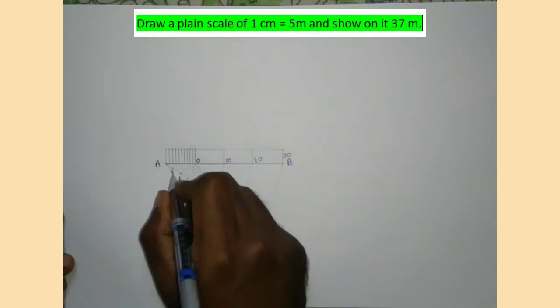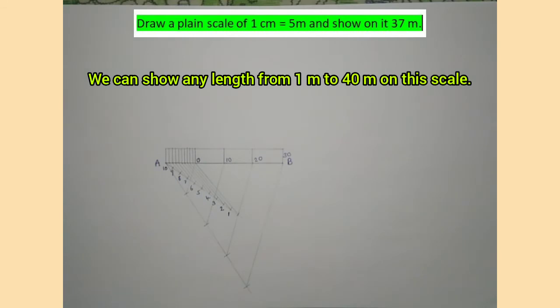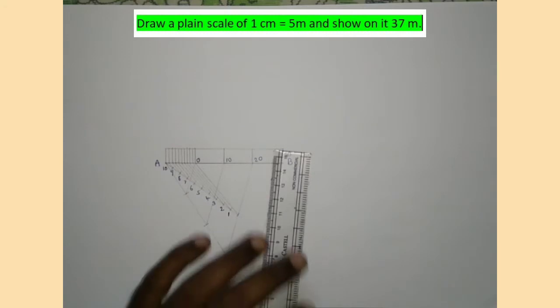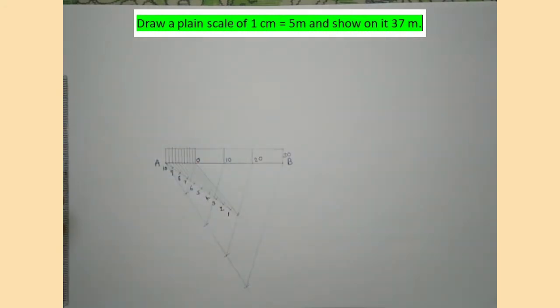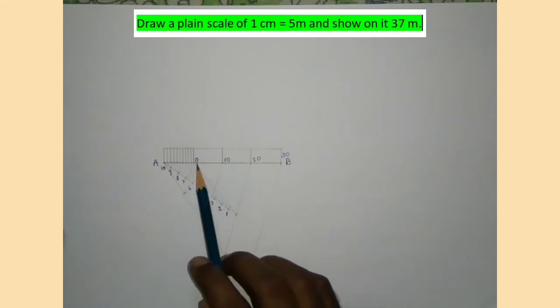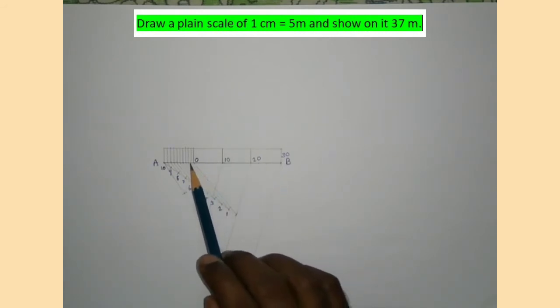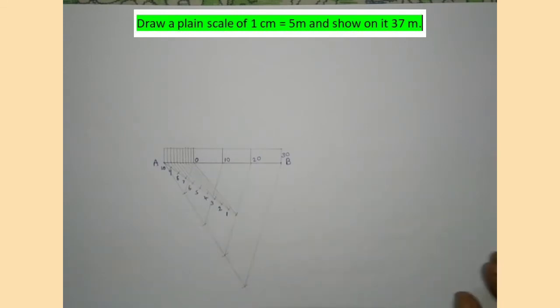Okay, now we can mark any length from 1 to 40 meter. Therefore it is easy to mark 37 meter. We can see from 0 to 30 we can easily find, that is 30 meter. Then we have to find 7 meter from the first division.